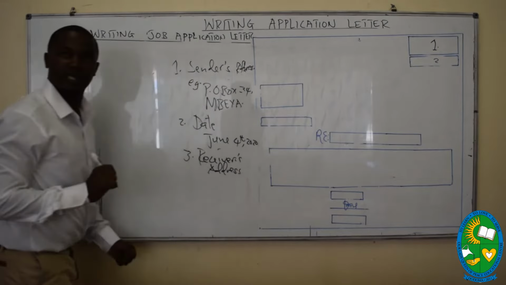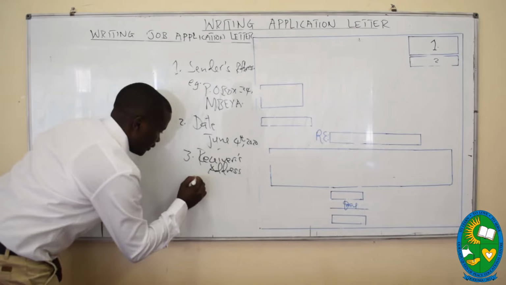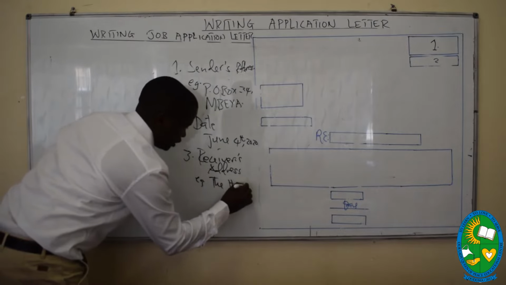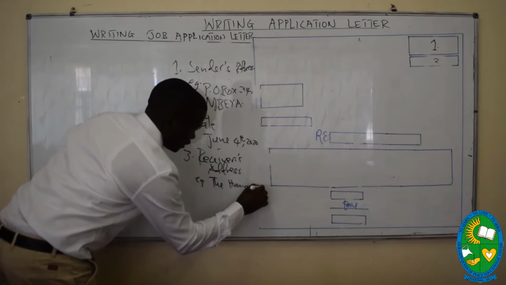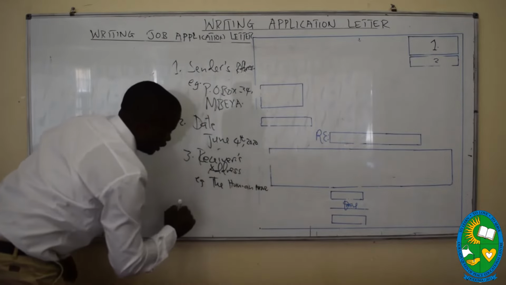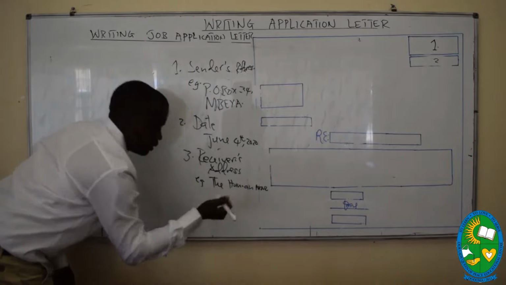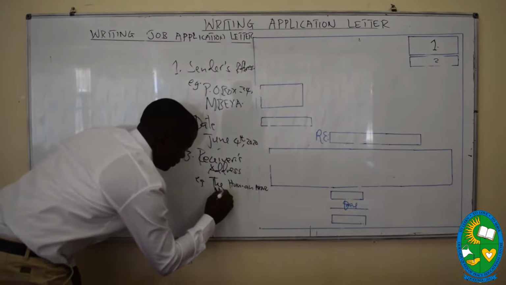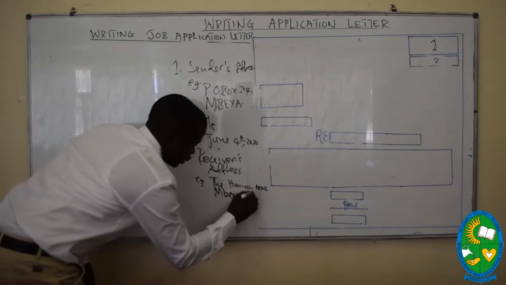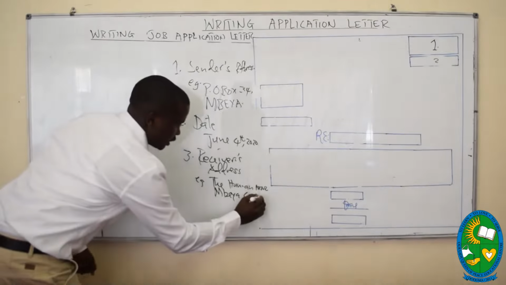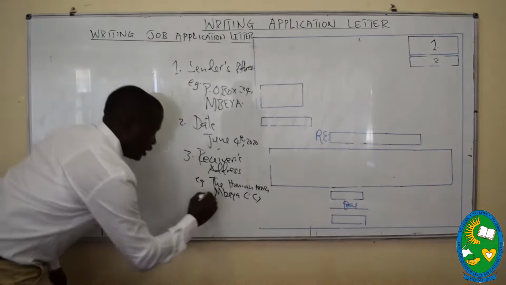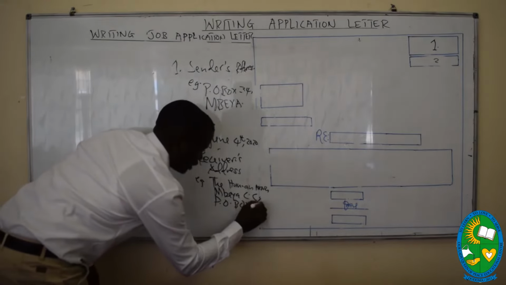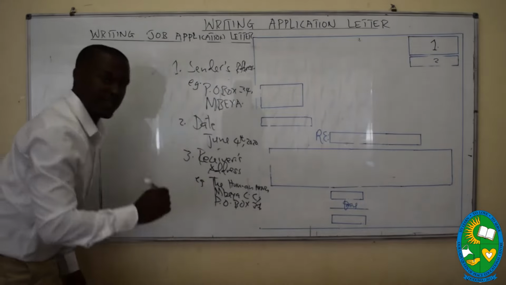For example, the human resource manager, maybe the cement company, post office box number, maybe 31, followed by the city.